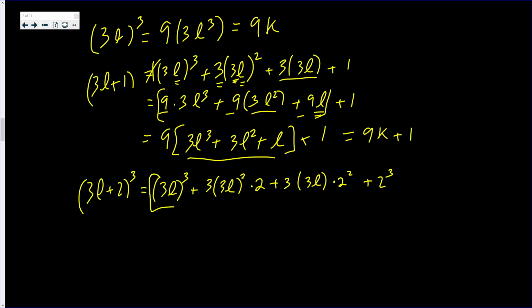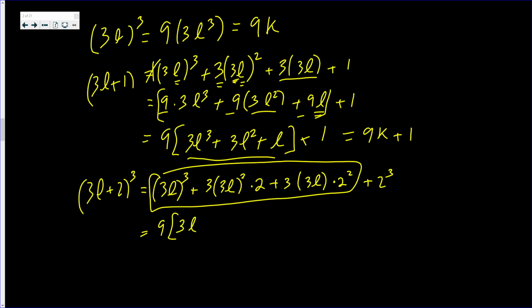You can pull a 9 out from this. 3 cubed is 27, which is 9 times 3. Don't forget the L cubed, plus 3 squared is 9, which I pulled out, times 3 times L squared times 2, which is 6L squared, plus 9L, I pulled out the 9, times 4, plus 8.